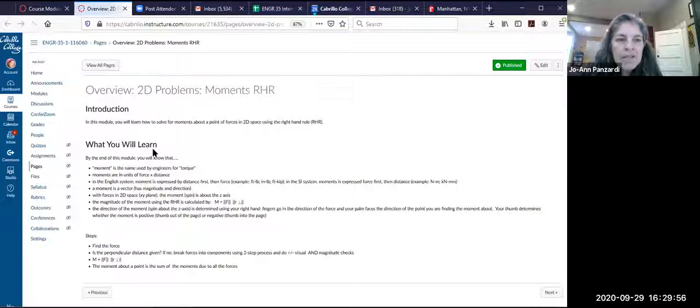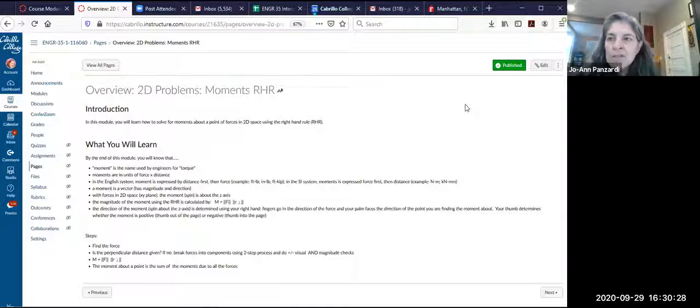When we're trying to find the moment about a point for a 2D problem using the right-hand rule, the first thing we do is find the force. The next step is: is the perpendicular distance given, meaning is the perpendicular distance between the force and the point I'm trying to find the moment about given?